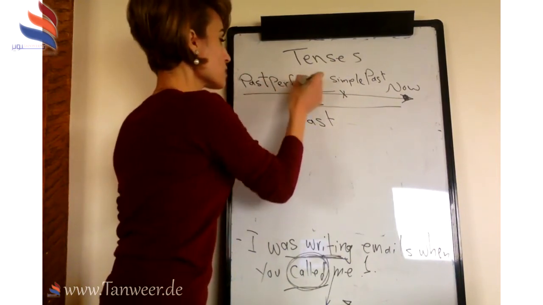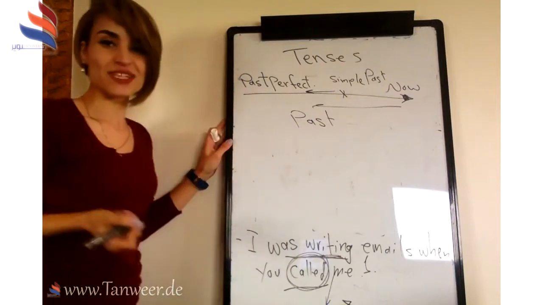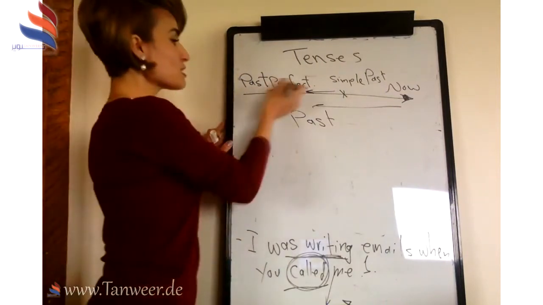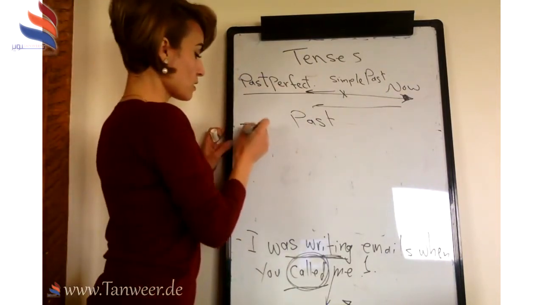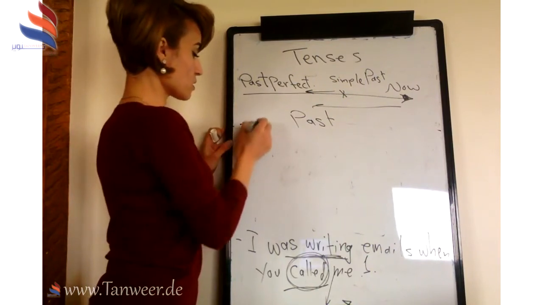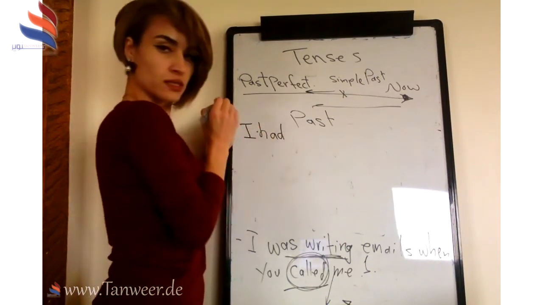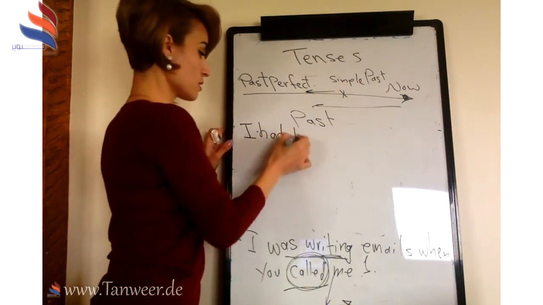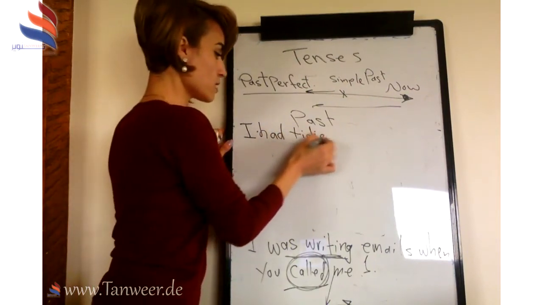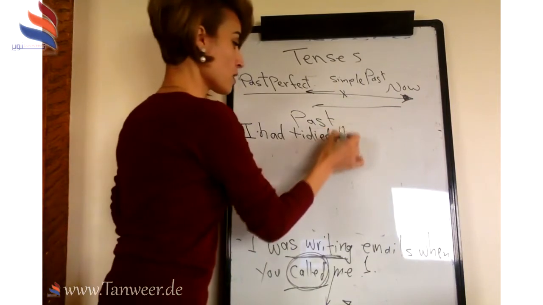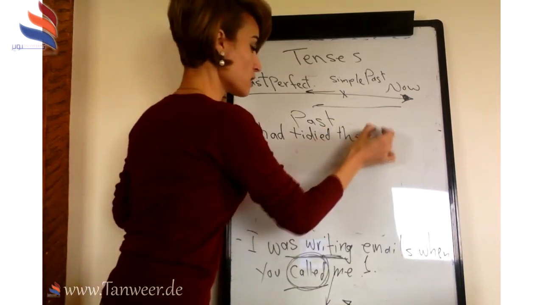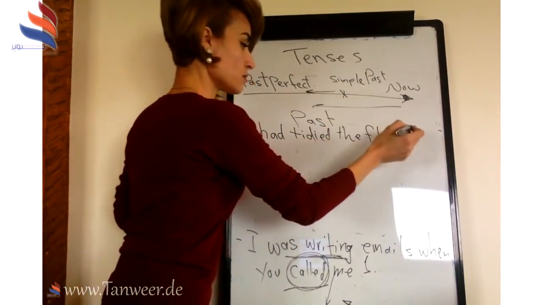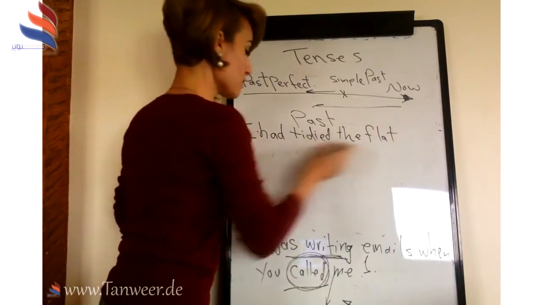Am I speaking Chinese to you? I mean, you don't understand when I say this sentence, okay? Past perfect. Let me talk. I had tidied the flat. I had tidied the flat.